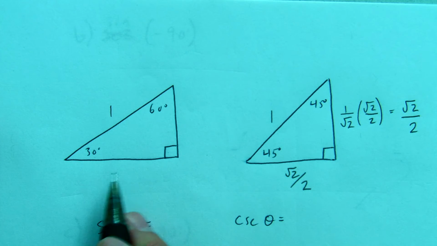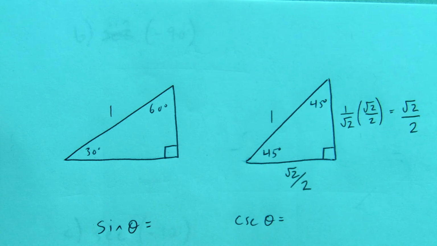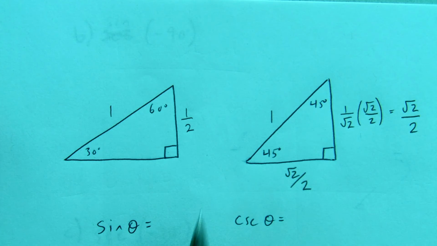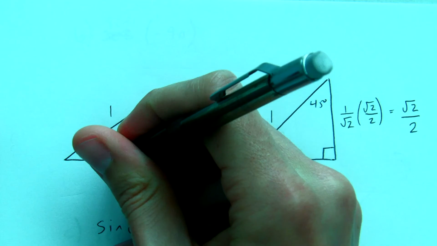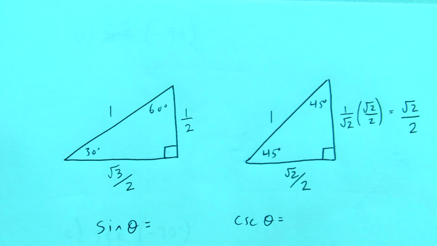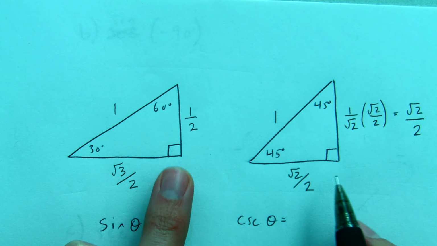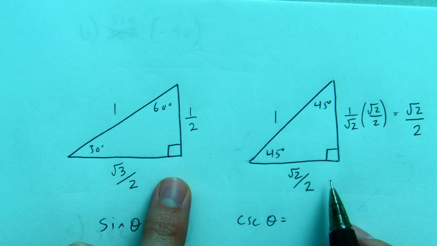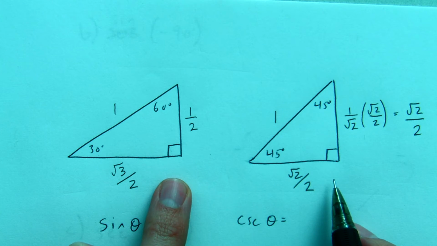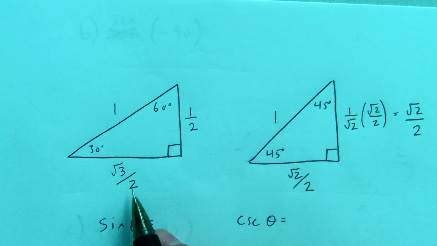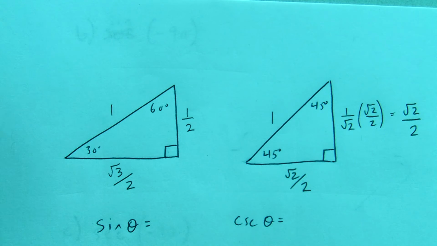When the hypotenuse is 1 on a 30, 60, 90, the shorter side is half that length, and the longer side is root 3 times the shorter side. These are worth having down in your notes, and over the course of the next few days, these are worth memorizing. 1, root 2 over 2, root 2 over 2 for a 45, 45, 90, and 1, 1/2, root 3 over 2 for a 30, 60, 90.